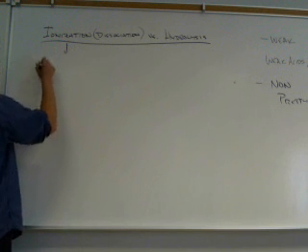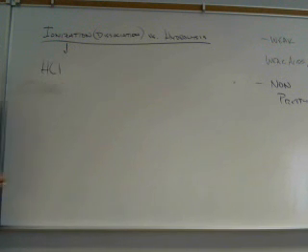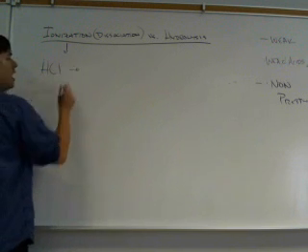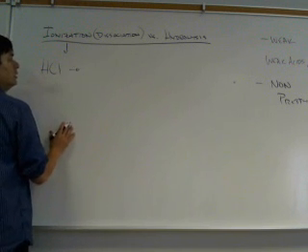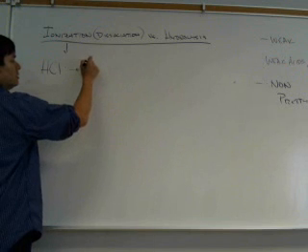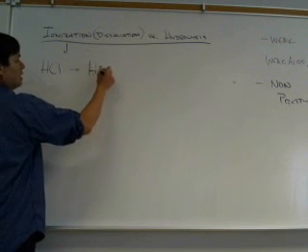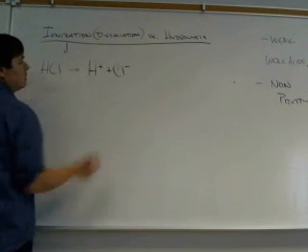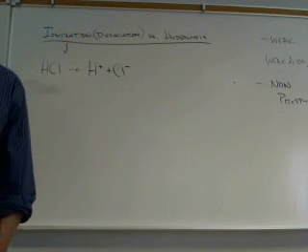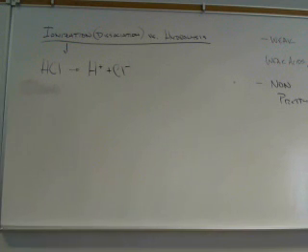An example of ionization would be something like HCl. HCl is a strong acid. Strong acids are strong electrolytes. Strong electrolytes should ionize or dissociate completely. What does it dissociate into? H+ and Cl-. What is H+? H+ is a hydrogen ion. What's the hydrogen ion made of?